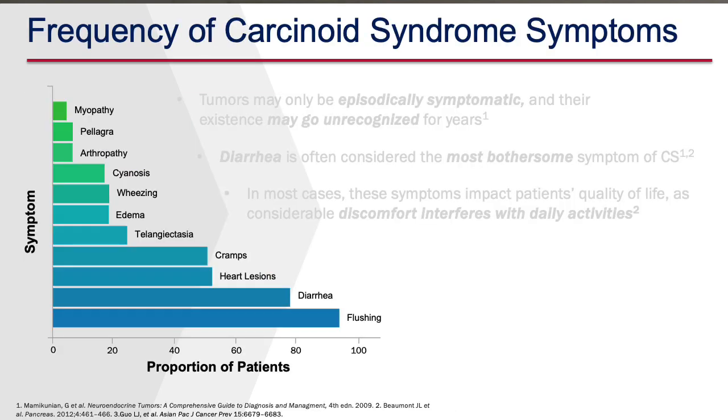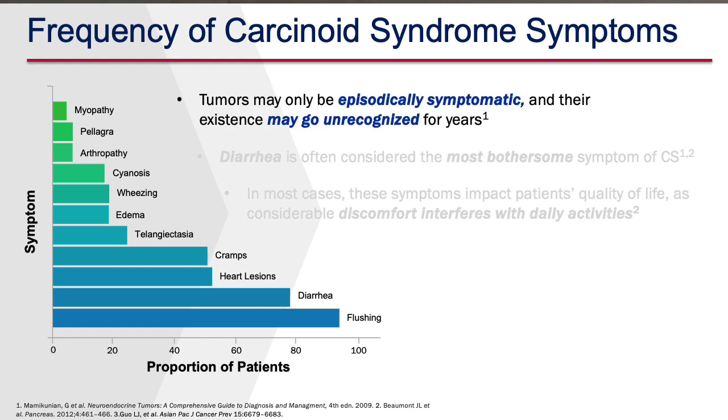We discussed earlier the different symptoms related to carcinoid syndrome, and some of these symptoms may be also recognized as well. One of the issues with neuroendocrine tumors is that sometimes they're diagnosed in the advanced stages.